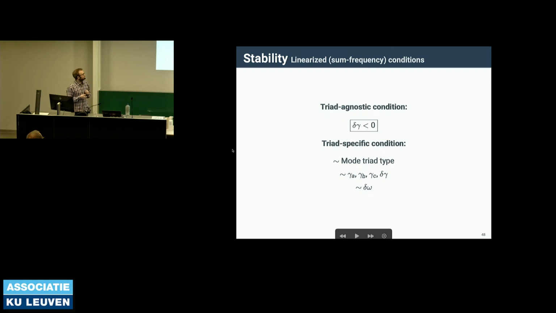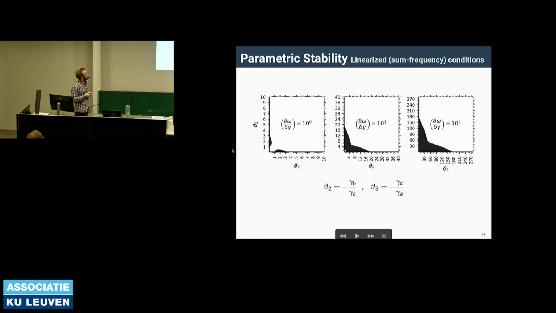I'm going to refrain from giving you the exact expression here, but I'll show you some pictures of what the stability domains are according to these two conditions. In order to do that, we introduce some dimensionless parameters.